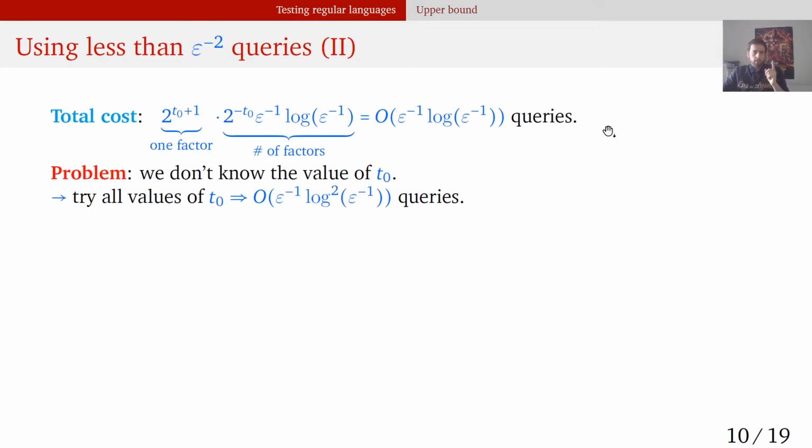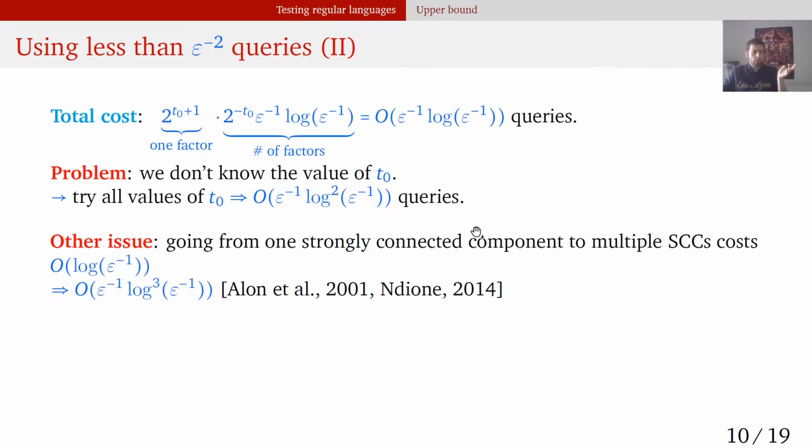However, there is an issue here. We don't know the value of t0 for which the bucket contains sufficiently many blocking factors. So we have to try all values of t0. Thankfully, there are only a logarithmic number of them, so that gives 1 over epsilon times log of 1 over epsilon squared queries.